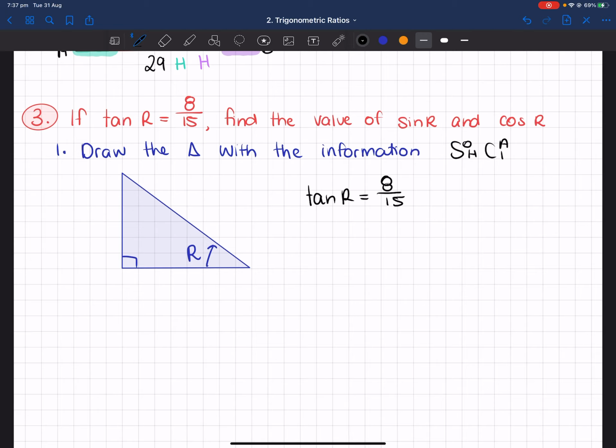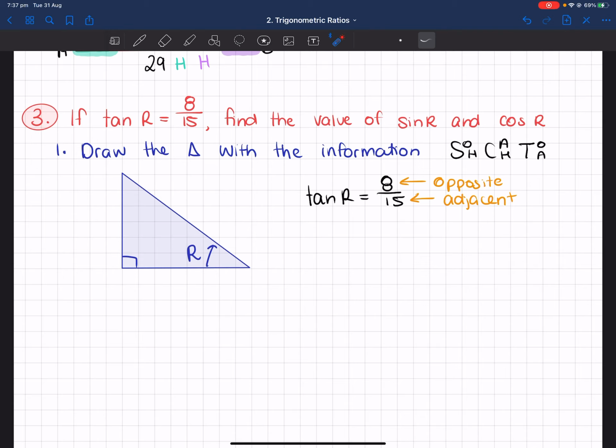Now, from our SOH CAH TOA, the top number has to represent the opposite side because we're talking about tan. And the bottom number has to represent the adjacent side. So if this is our angle R, that side there is going to be our opposite side.